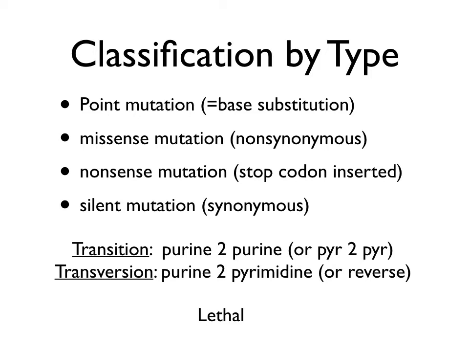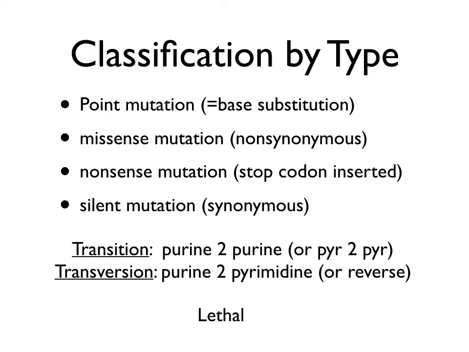Missense and nonsense mutations are two types of mutations to coding sequence. So these are, by definition, only occurring within genes, and only within the exons of genes. A missense mutation would be categorized as non-synonymous. If you look back at one of the codon charts that we utilized, you can Google one up, pause the video and look at it.